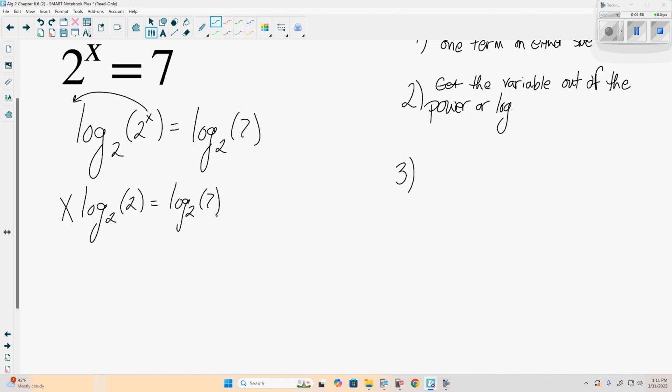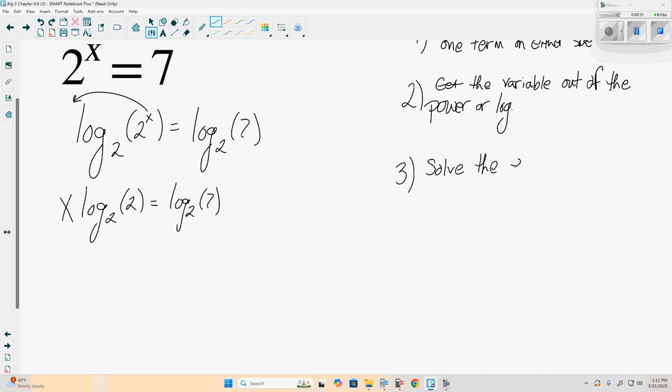So our power property says we can take the exponent and move it to the front. And the reason this is helpful is now we do not have that variable x as an exponent. So we're able to get the second step done.